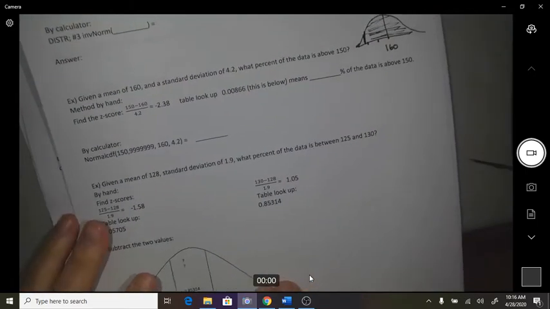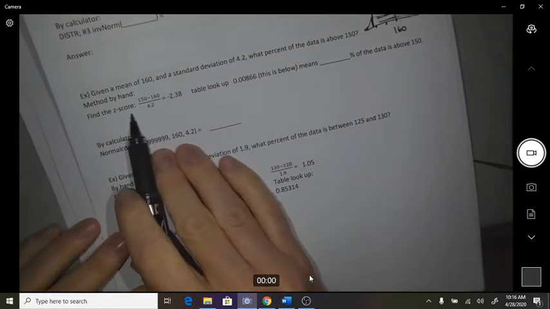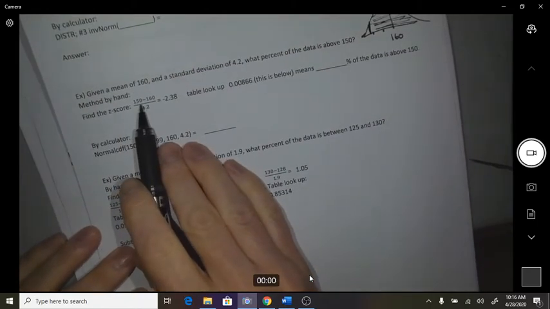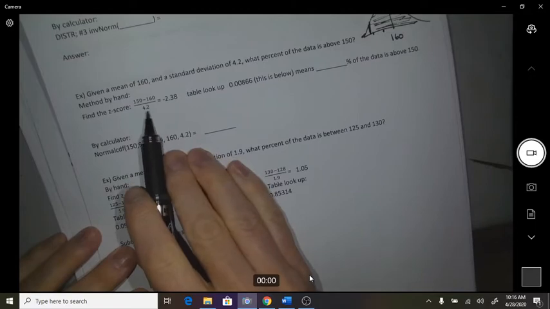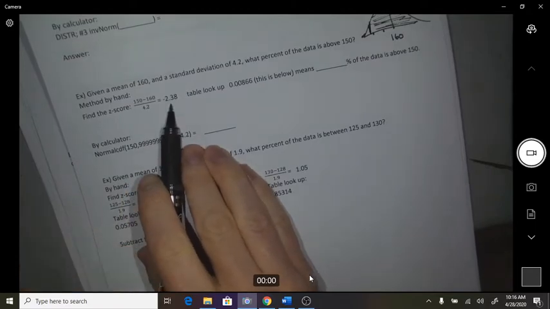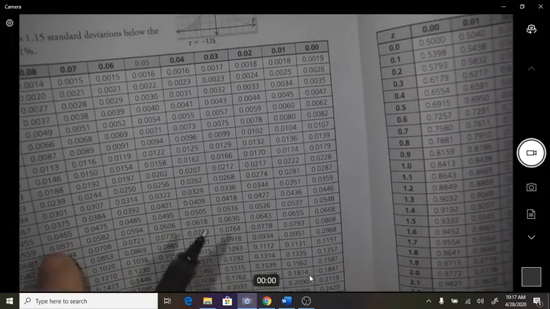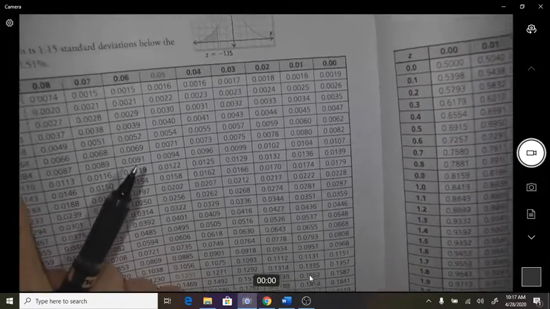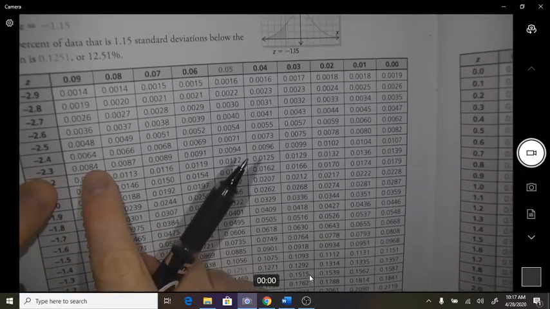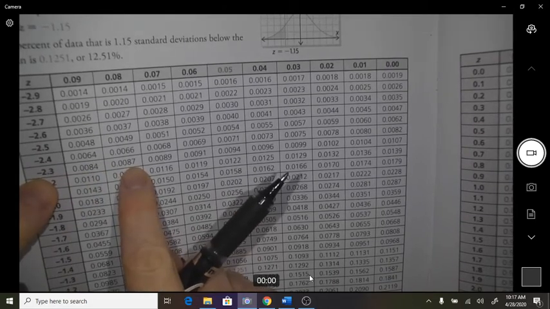Okay, so method 1 by hand. We're going to have to calculate the z-score. So we do the score minus mean over standard deviation is negative 2.38. So negative 2.38 is 0.0087.